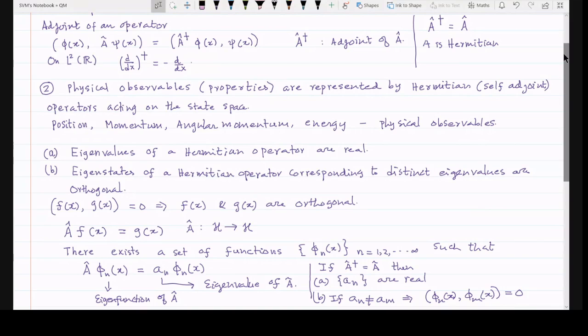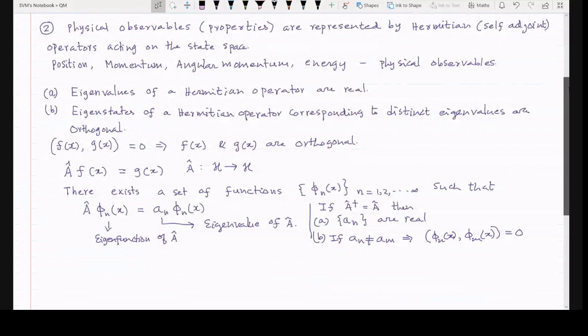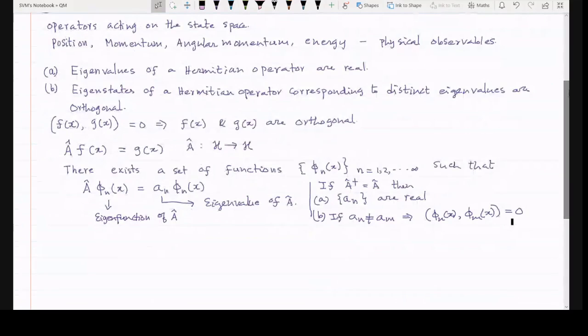Now you can ask a question: if you have a set of orthogonal functions, let's assume for simplicity that there is also another language.